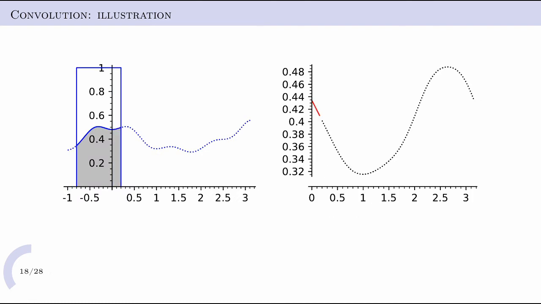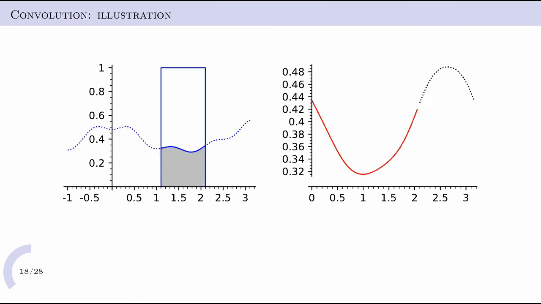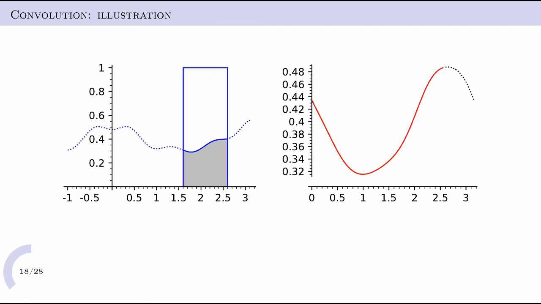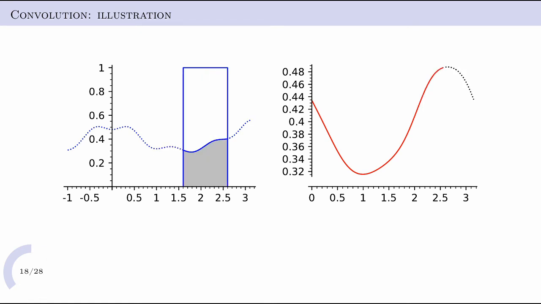So we can imagine that this thing slides through the real line, and at every point we compute this area, this integral, and this is the value of the convolution. That's the way we can think about the convolution.